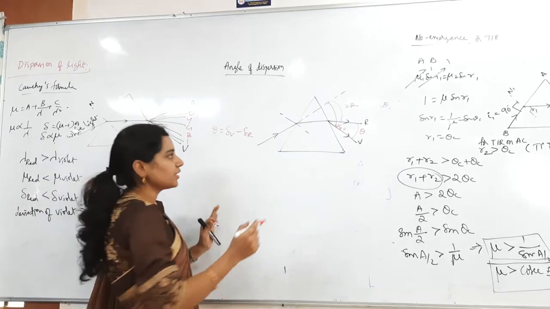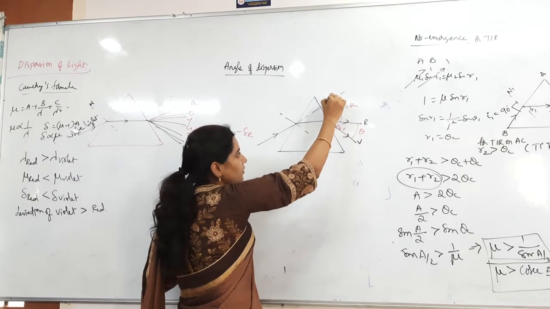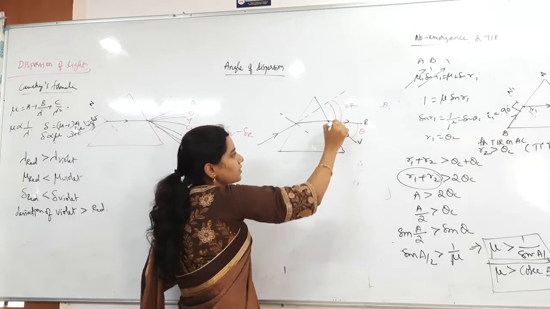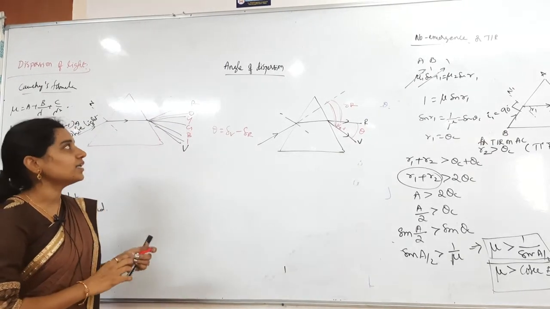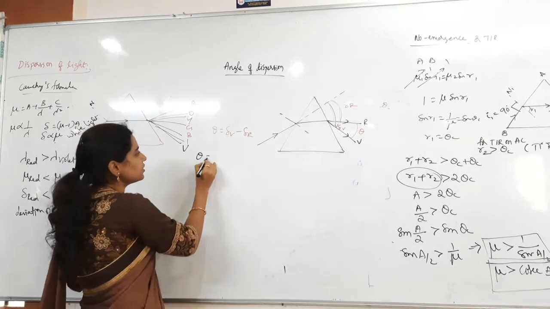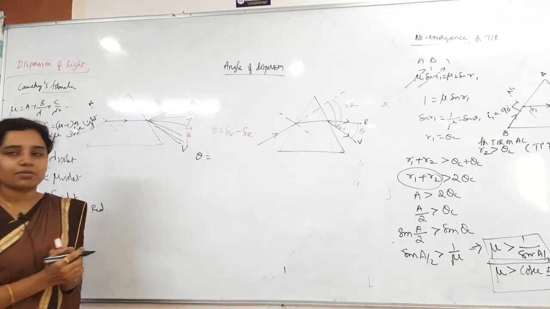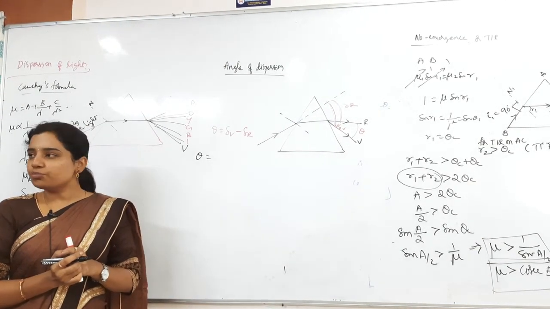For that I have taken the diagram like this, and this is red and this is violet. This is the deviation of the red, this is the deviation of the violet. The difference between them is theta here. That theta is the angle of dispersion. So theta is equal to delta V. The minimum deviation condition is A into mu minus 1.